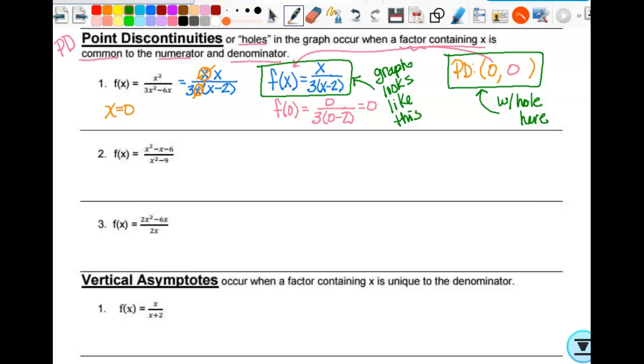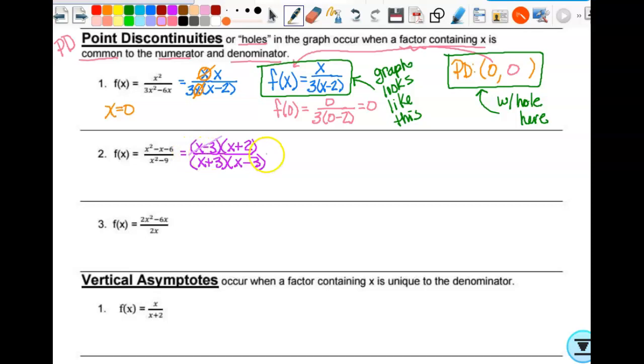All right, then let's look at number 2. I'm going to start by factoring. So the numerator is going to give me x minus 3 and x plus 2. My denominator is going to give me x plus 3 times x minus 3. So I can reduce this, correct?